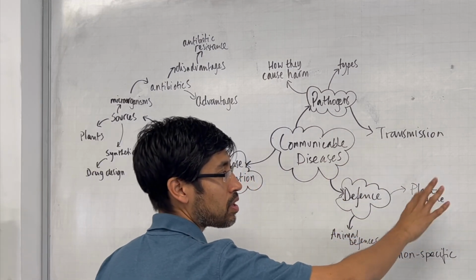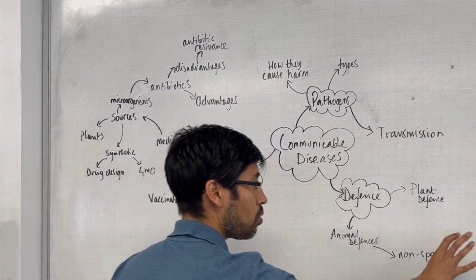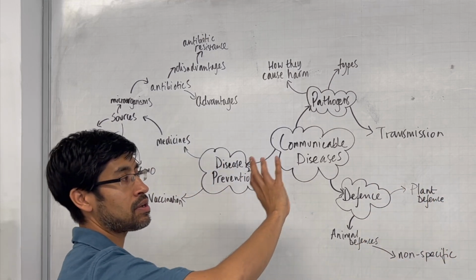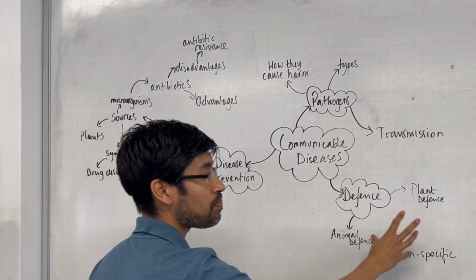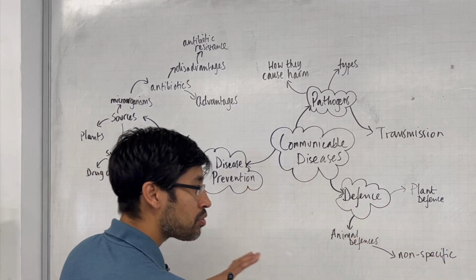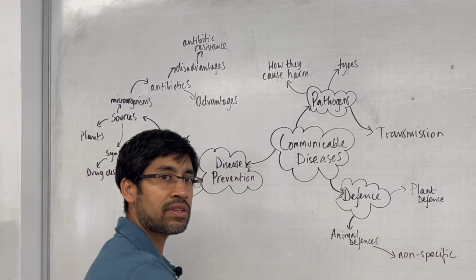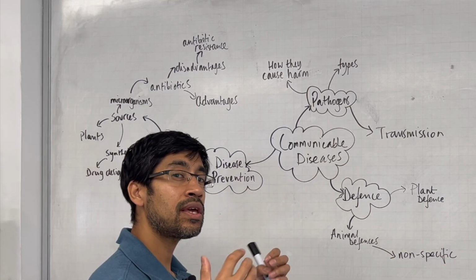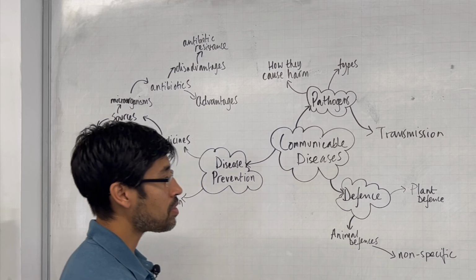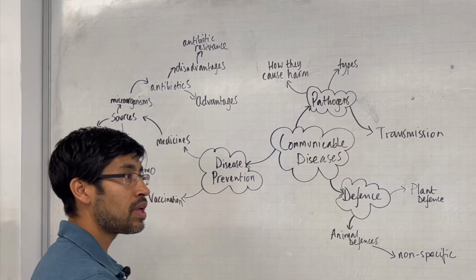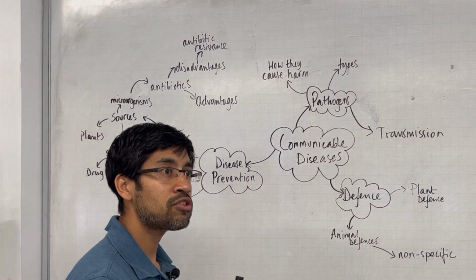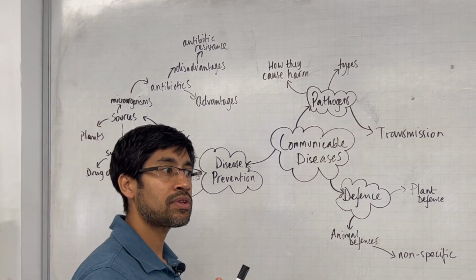Plant defenses are relatively straightforward, and we need to know how they work and the different examples. In animal defenses, we go in a process. We've got all the non-specific defenses, which essentially are preventing the infection by the pathogen, and then we look at the specific immune response that is made when the infection has occurred.